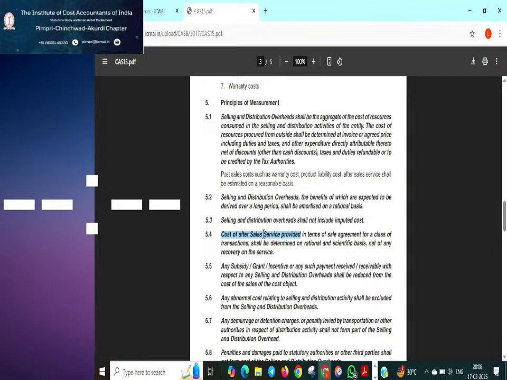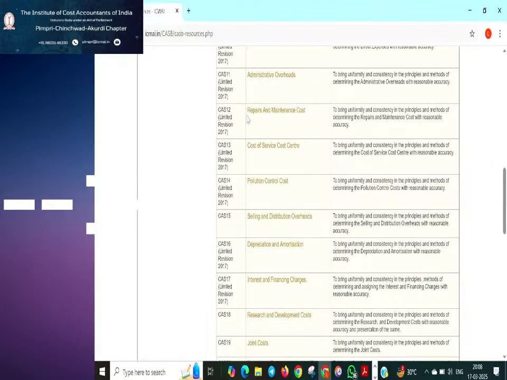For example, warranty is for 5 years. So the warranty period cost is included under selling and distribution overheads, but this is spread across a 5-year term. So this will be amortized over 5 years and it will not be booked in the same year. So that is what they mean through Cost Accounting Standard 15.